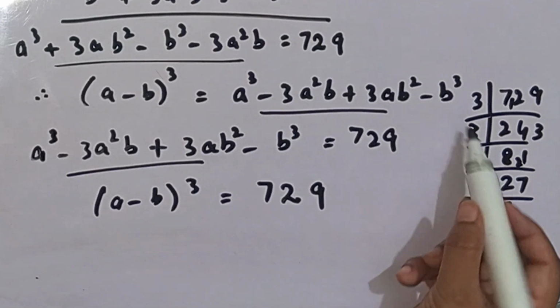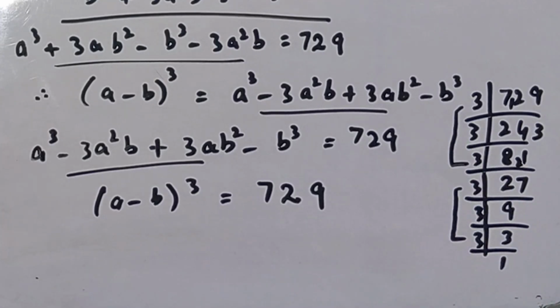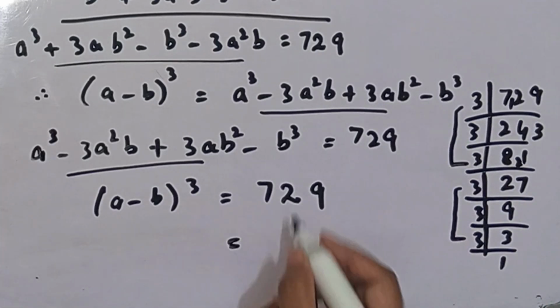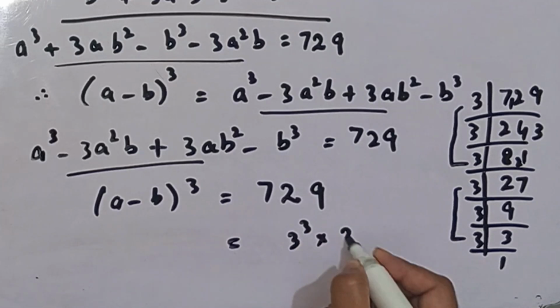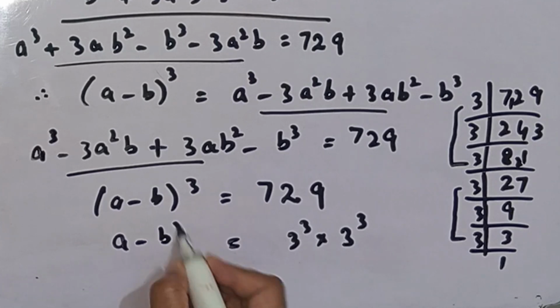So we write this as 3 cube multiplied by 3 cube, and this side is a minus b whole cube.